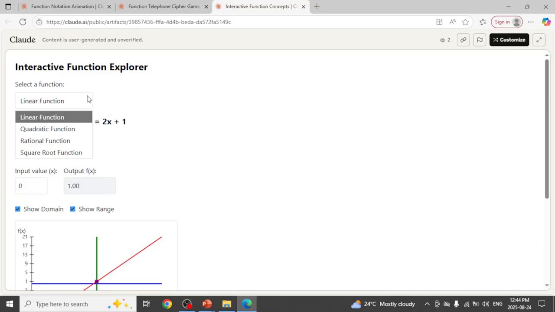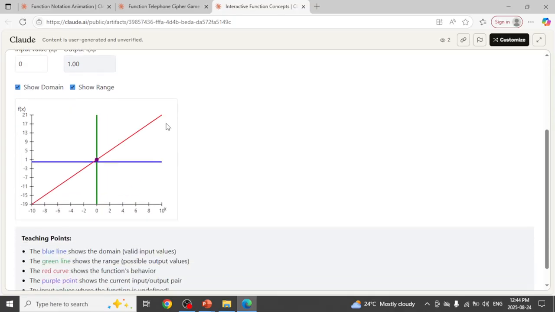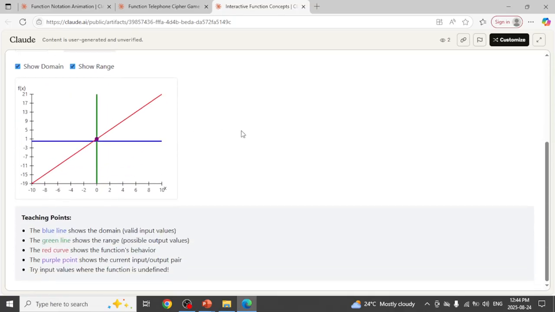You can try them. This interactive tool shows you in the example what the function looks like. If you give it the input, it will show you the exact outputs and give you the domain and the range.